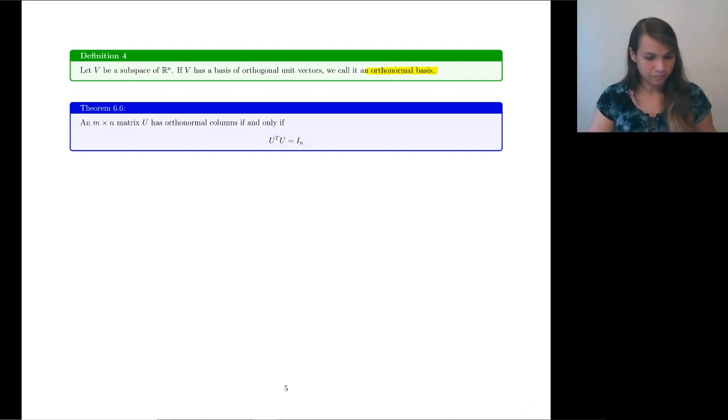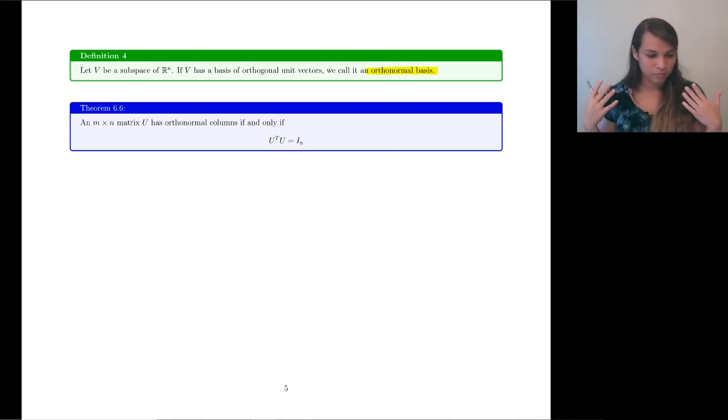Okay. So then why do we care about this? We're actually going to build orthonormal bases in 6.4. But for now, we can do some smaller, less intense uses. They're really good in the columns of matrices.